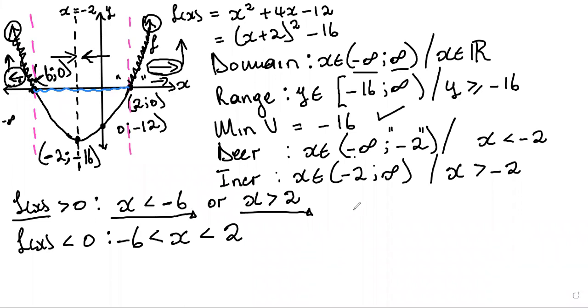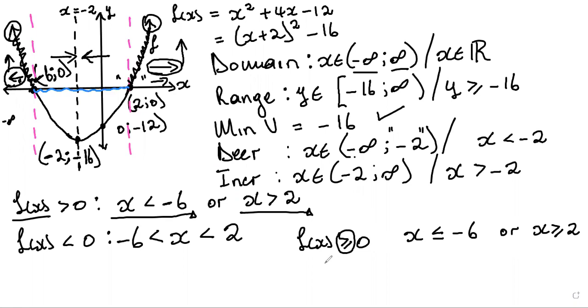However, if they had said, find the values of x for which f of x is greater or equal to 0, then you're going to say it's where x is less or equal to -6, or where x is greater or equal to 2. Because here we are now saying two things.